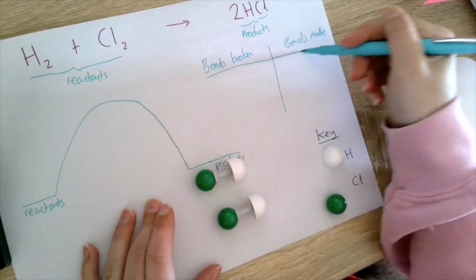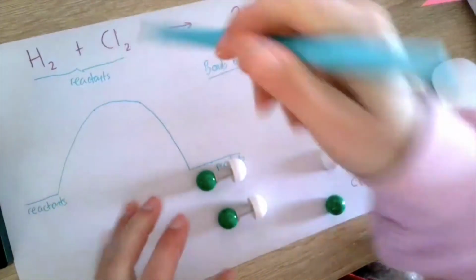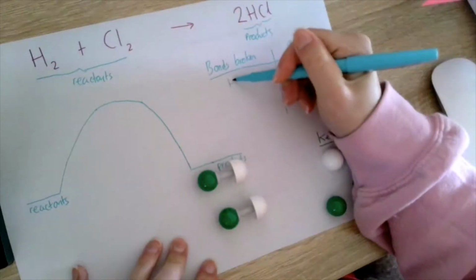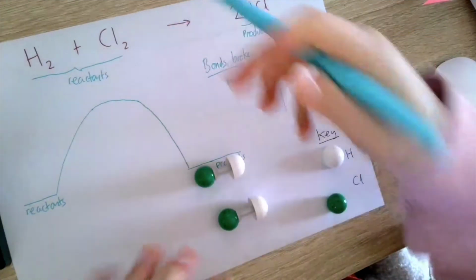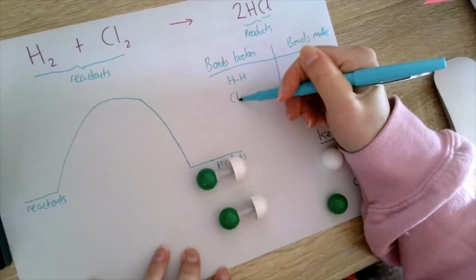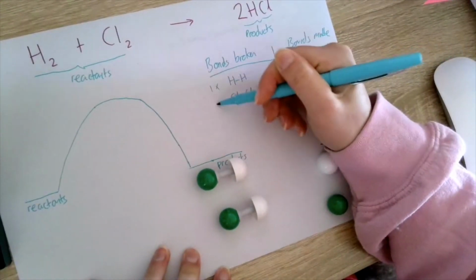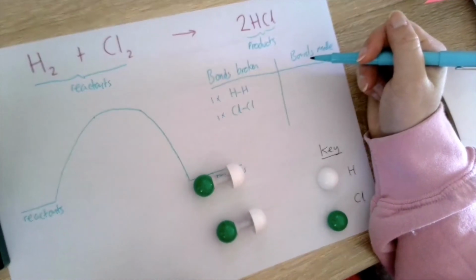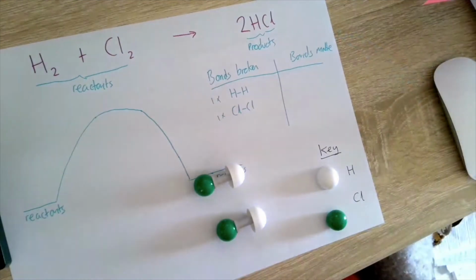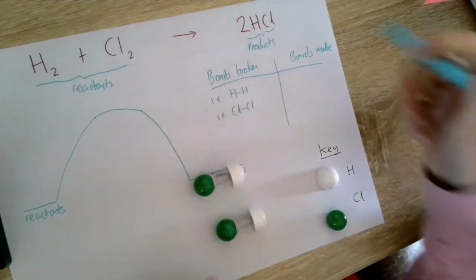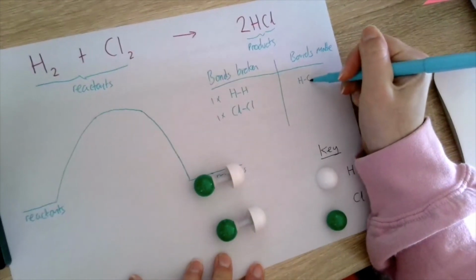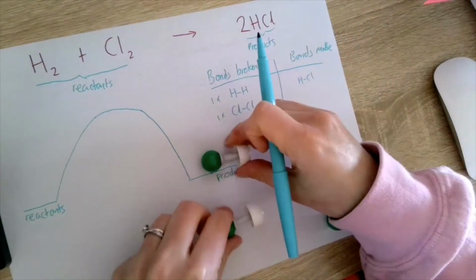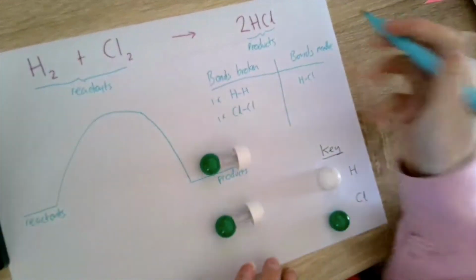So our bonds broken, we broke our HH bond and we broke our ClCl bond. So one of each of those. And then our hydrogen chloride molecule, we had to make the HCl bonds. But as we formed 2 molecules, you can see we've got 2 bonds that need to be made.